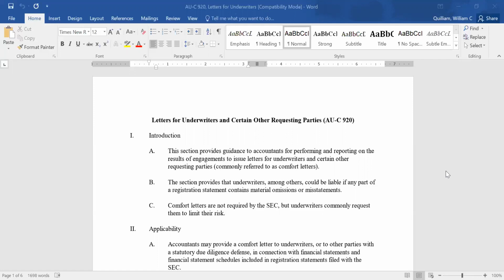By the way, the auditor is also a type of expert and also can face statutory liability here. So the underwriter may want to get this special letter that we will discuss, often called a comfort letter, from a CPA to help mitigate the underwriter's liability.